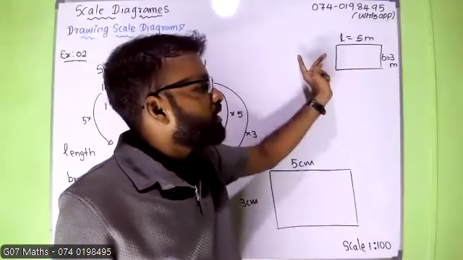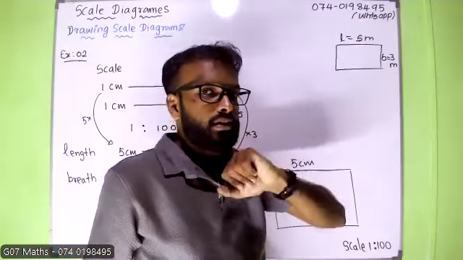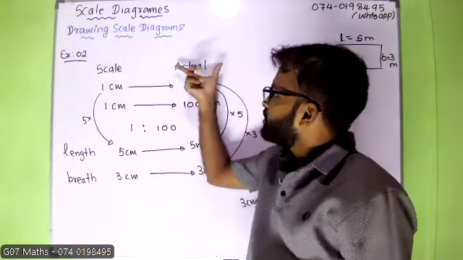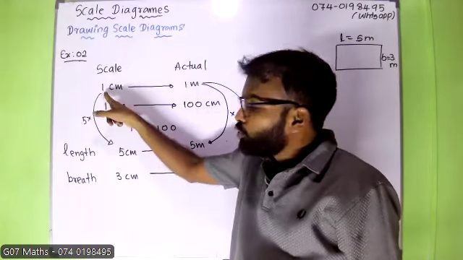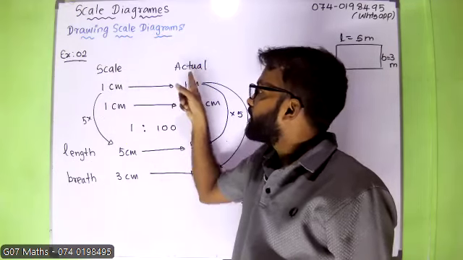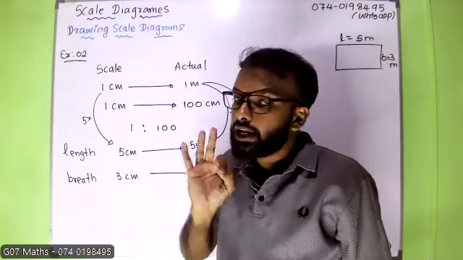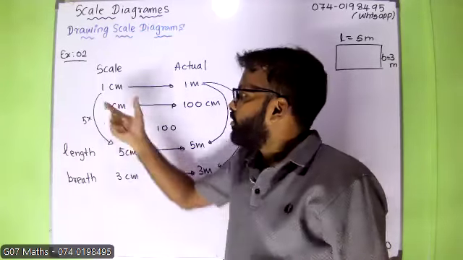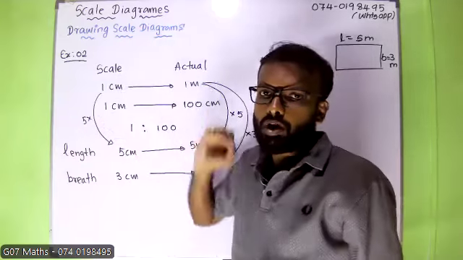So that I can write my scale length and the actual length like this. By using 1 centimeter, I can represent the actual length of 1 meter. That is the suitable scale.